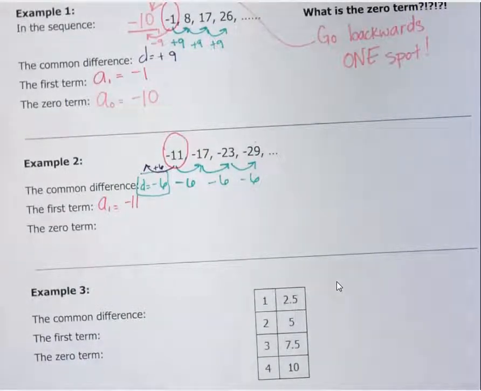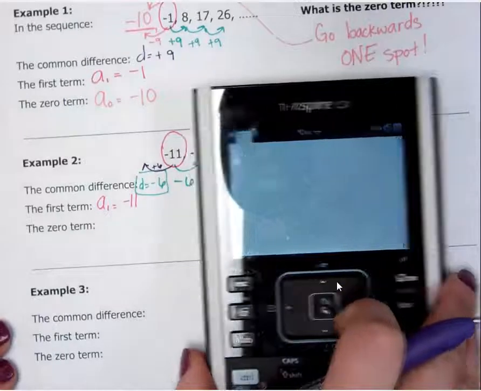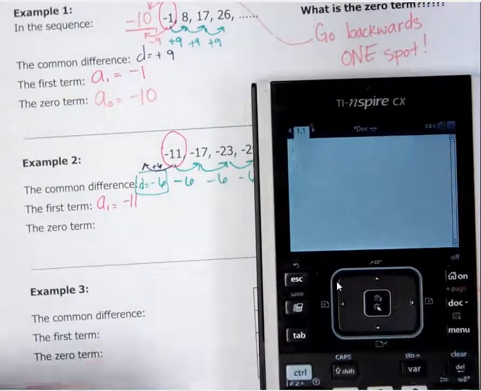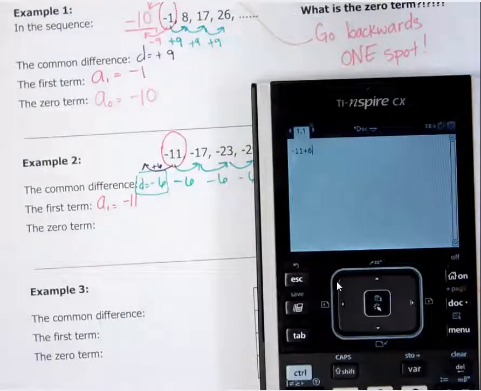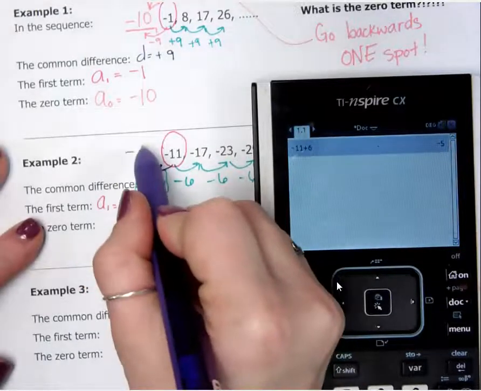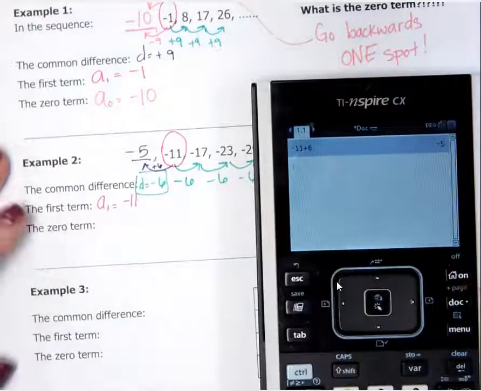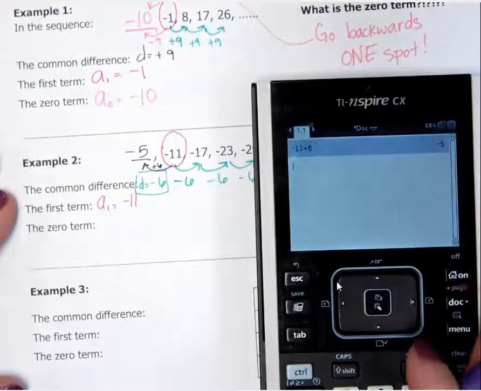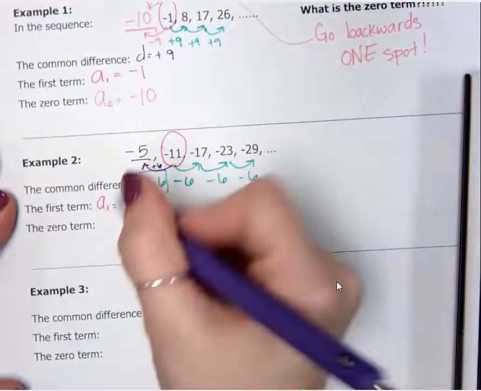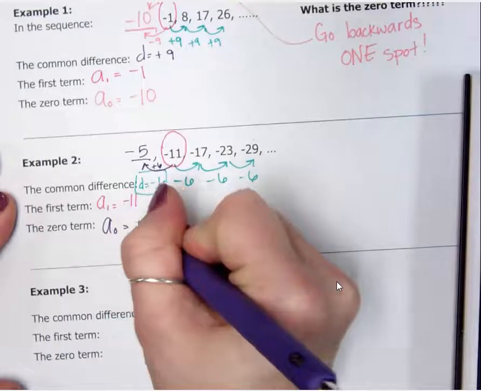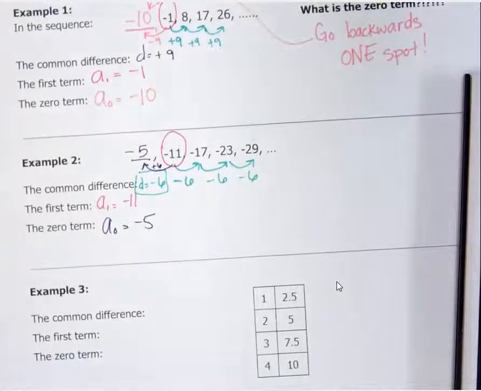Well, if you're not super great at adding and subtracting integers, just type negative 11 plus 6. Negative 5. Okay. So my 0 term is negative 5. So we write A sub 0 equals negative 5. Cool, cool.